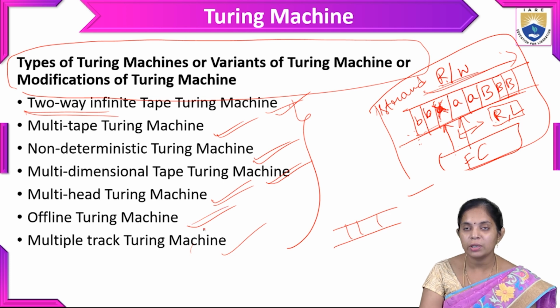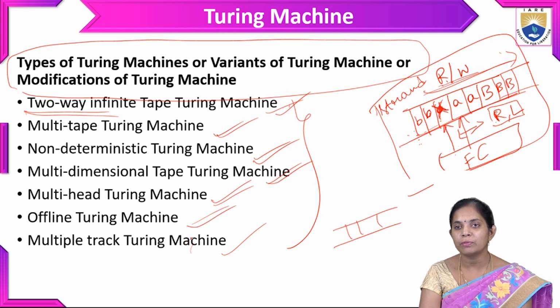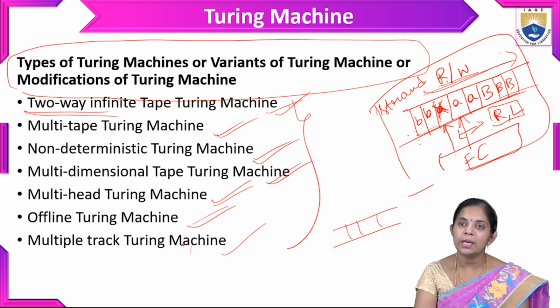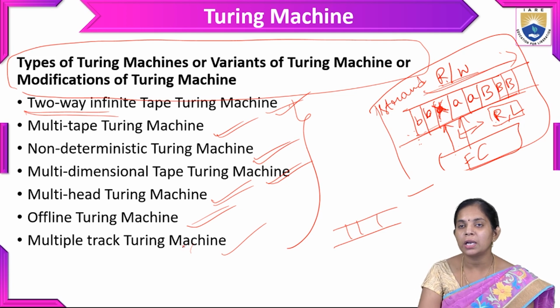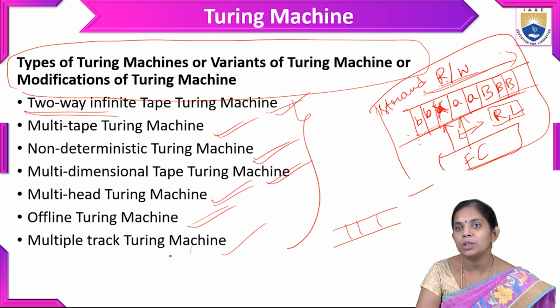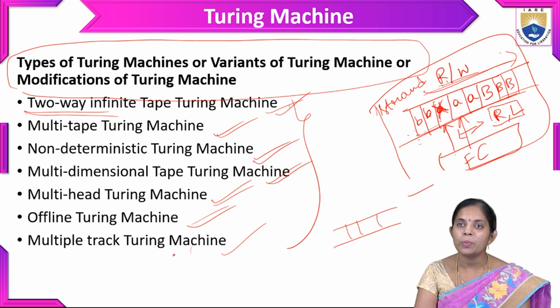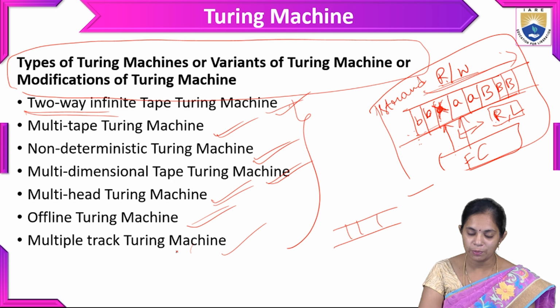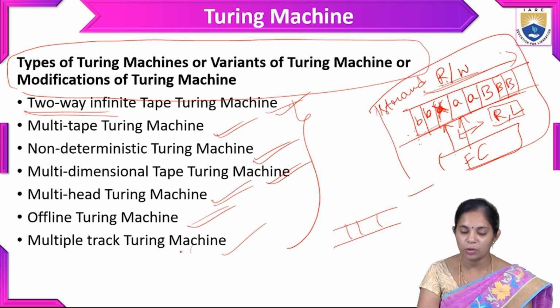And the offline Turing machine has two types of tapes: one is read-only, and the other allows read and write operations. Based on the transition functions we can replace symbols in the second tape, and in the first tape only the read operation is performed. That is the offline Turing machine.